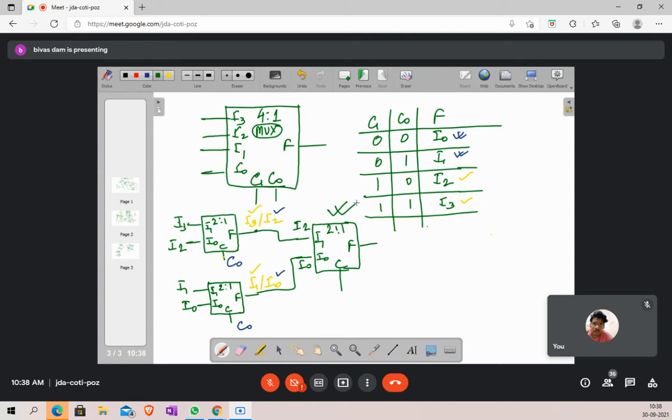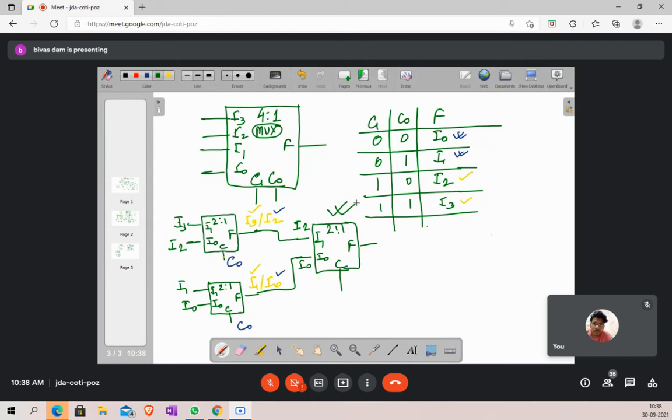So which control input is responsible for that? C1, because C0 has got no role. C0 is the permanent 0 for both the cases. So it is C1 which is selecting one of I2 or I0.